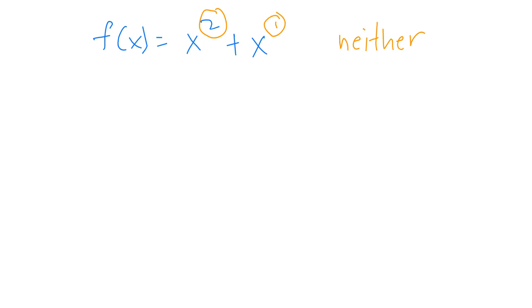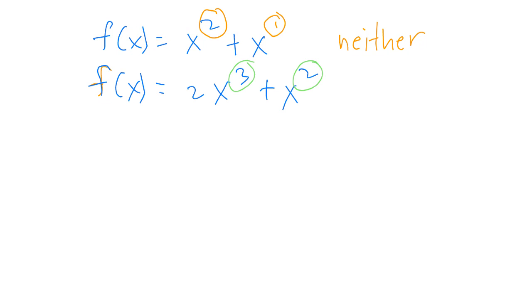Okay, so similarly, if you have another example here, let's say 2x cubed plus x squared. Still, it's a mixed. You can see 3 is an odd number, 2 is an even number.